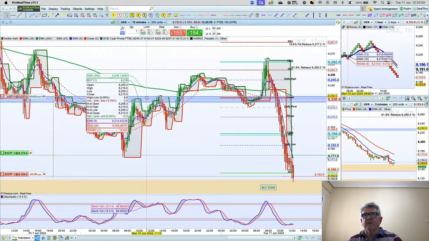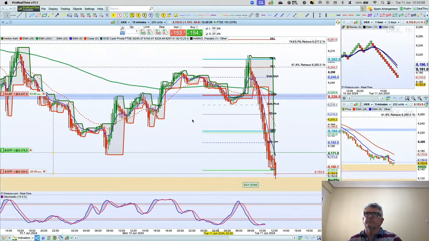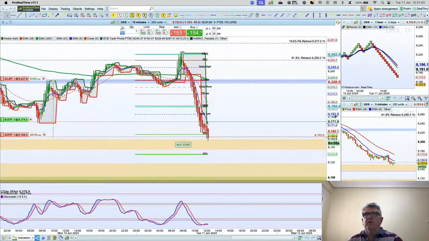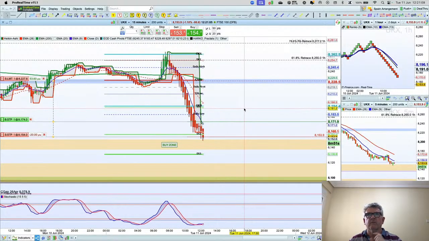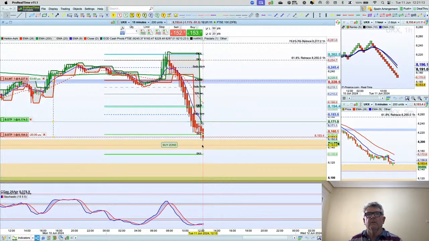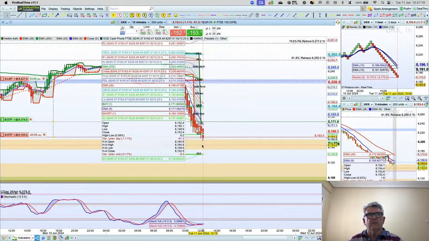The thing in its favor is it's coming down to not only a 4-hour level but also a daily level. It's coming right down to the levels that we identify where the market might actually reverse. So we don't really want to go more than a 1-to-1. What we can do here, though, is look for some options, and that could be quite nice.